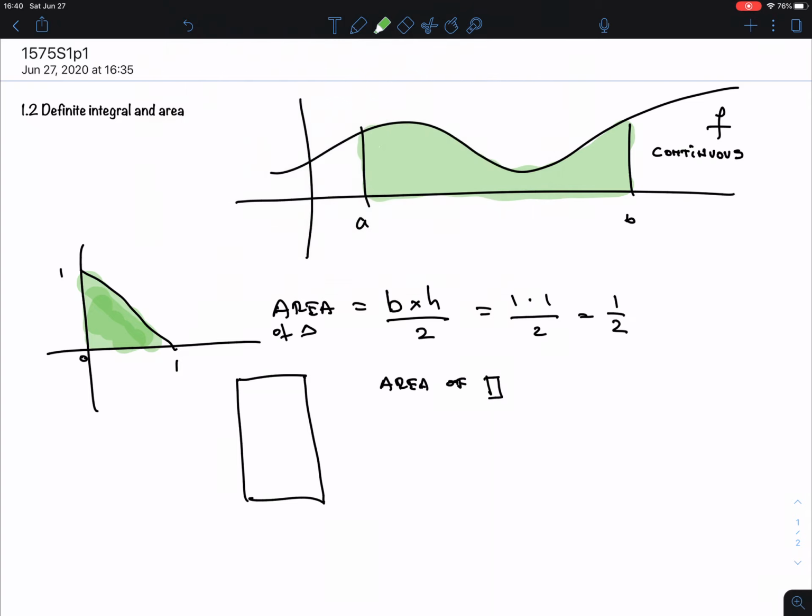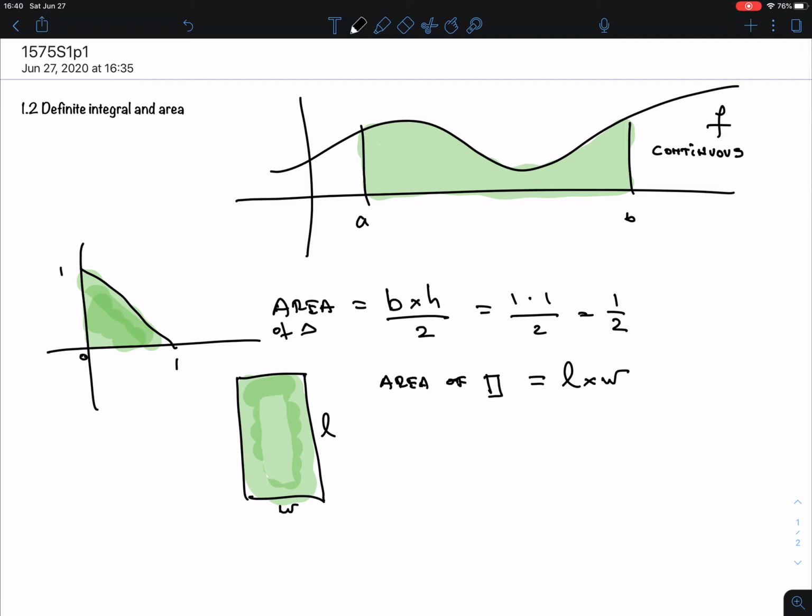Again, what I'm talking about is this green part here. So what's the area of a rectangle? That is length times width. It depends a bit on what you call it: this is the length, this is the width. Sometimes if you put it like this, you call the length height and so on. But it means the product of the 2 dimensions. Okay, these are the formulas that we learned.